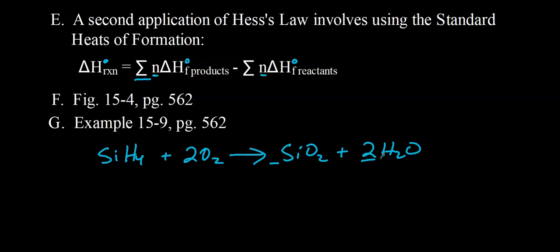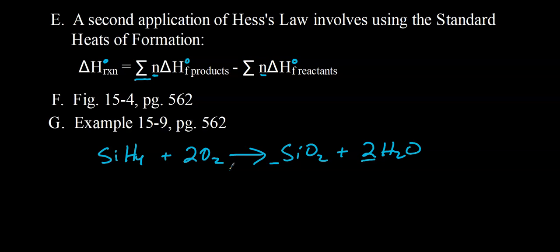Add that to the heat of formation of oxygen. Now oxygen is an element. What is the heat of formation for an element in its standard state? How much energy does it take to make O2 from O2? So maybe you notice that in the table in the back of the book, heats of formation for elements in their standard states are 0.